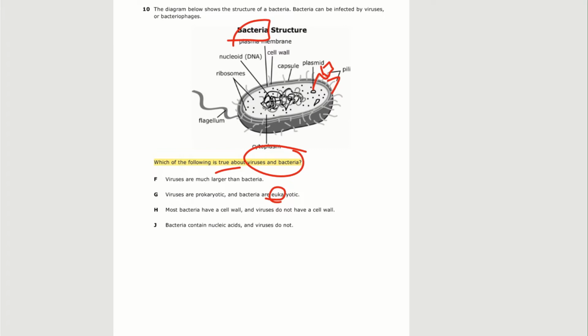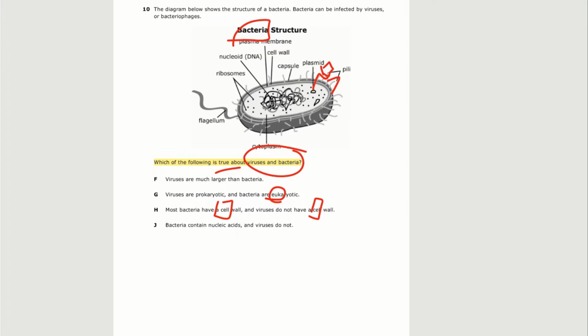Most bacteria have a cell wall and viruses do not have a cell wall. Well, I think you have to be a cell to have a cell wall. Is a bacteria a cell? What are cells? They're alive. Can you kill a bacteria? Yes, guys, a bacteria is alive. Prokaryotic cells, eukaryotic cells.